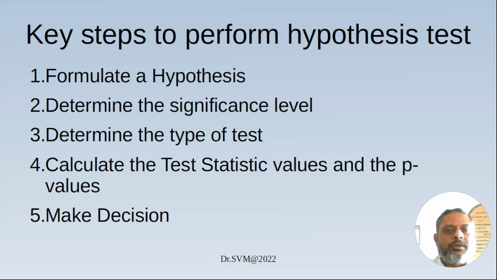So first formulate the hypothesis, what is the null hypothesis and what is the alternative one, and then define the significance level alpha that can be used for our experimentation. It can be varied as per the level of accuracy expected from the experiment. The smaller the significance level, the more accurate an inference we can get.